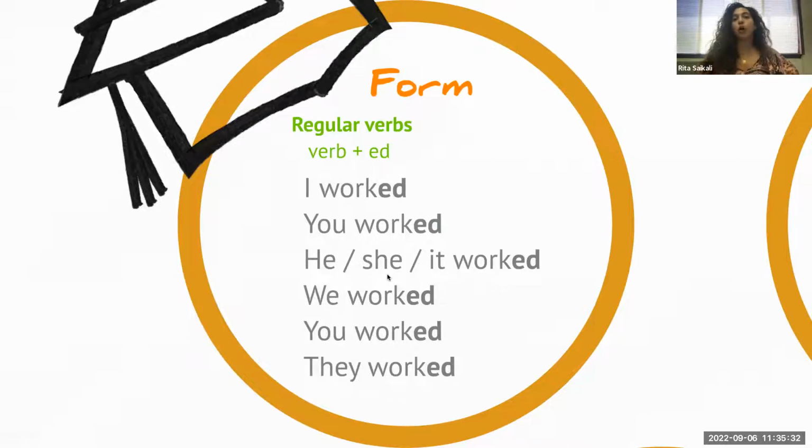There is no difference between the third person singular and everything else, okay? So for the most part, in regular verbs, it takes ed at the end. Any questions? All right, cool. So this should be relatively simple.